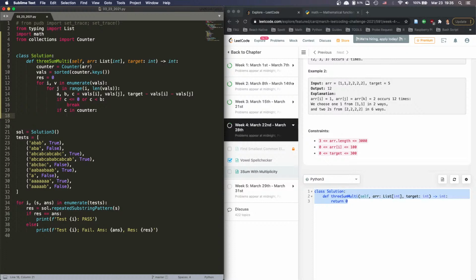We need to know whether any of A, B, and C are equal. So the only possibility is A and B are equal, or B and C are equal, or all three of them are equal. That's the only possibility.